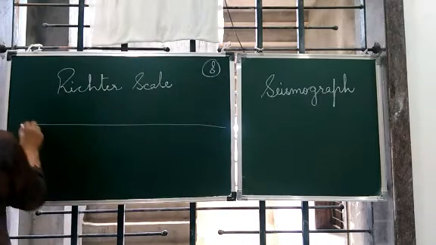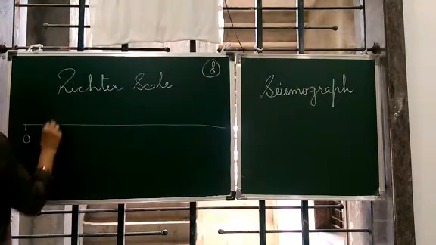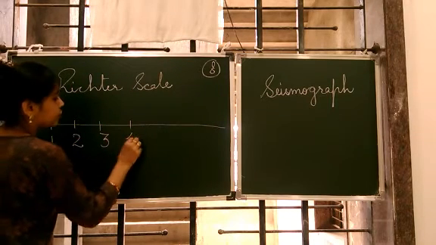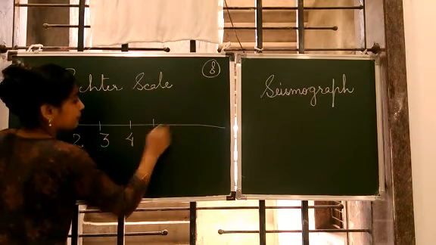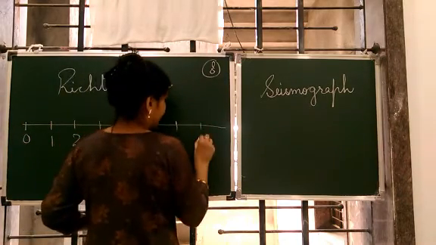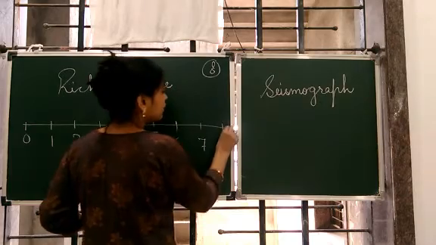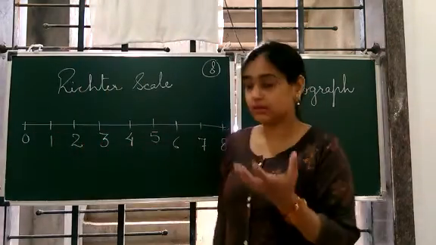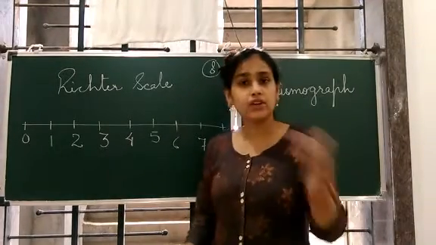Okay, so generally a Richter scale has readings from 0 to 10 or 0 to 12. Okay, got it? Now, the earthquake is not linear.